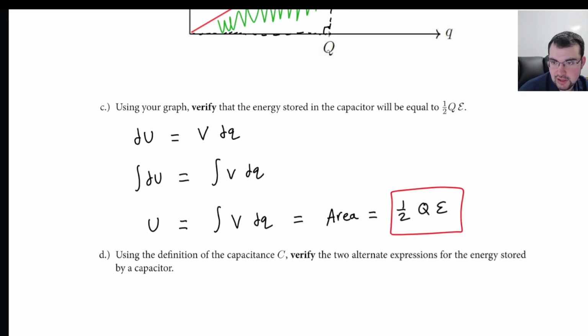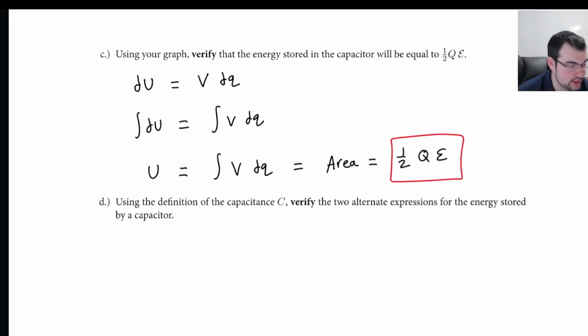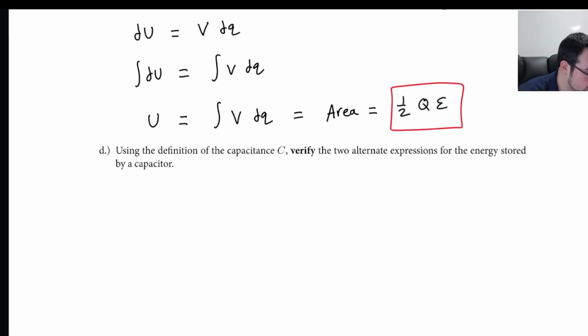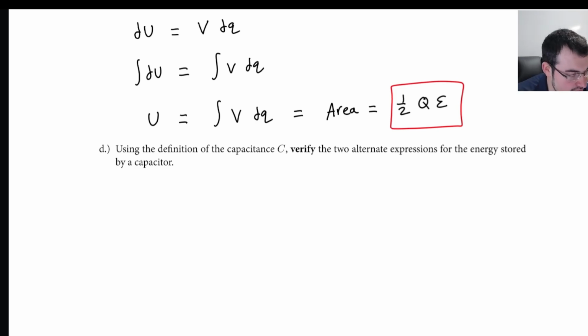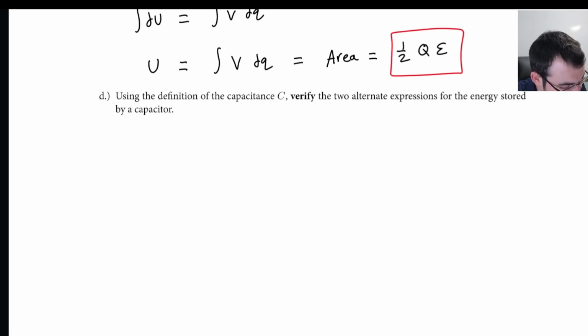So we could have done this an alternate way. With instead of V, we could have substituted away in terms of C, but we're just going to show that once we have the formulas, it's quite easy. So verify the two alternate expressions. Well, we started with U is 1/2 Q times epsilon.